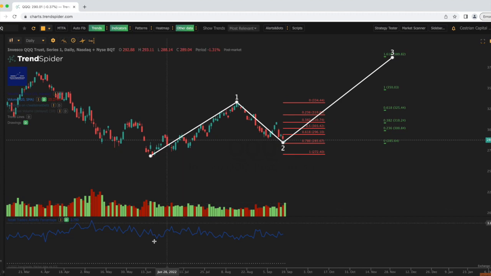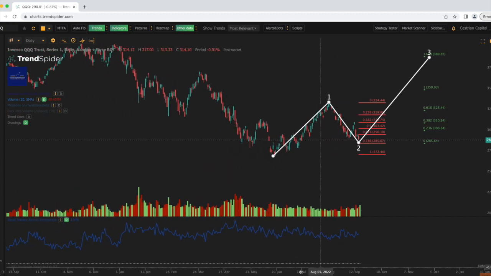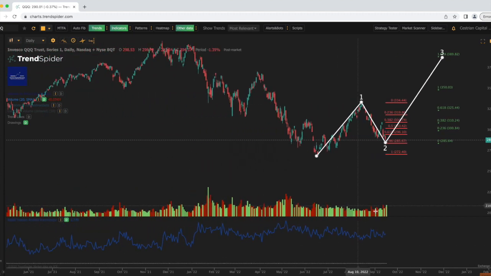Now, that seems pretty crazy when you say it. Right now, you know, it's been a pretty tough September, but this is setting up as a very neat technical pattern for a moving QQQ to the upside.